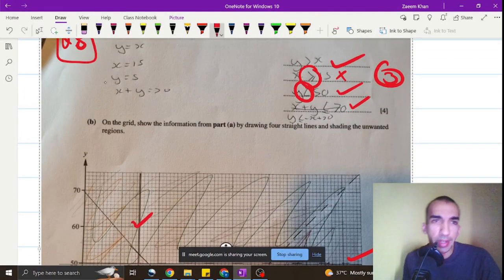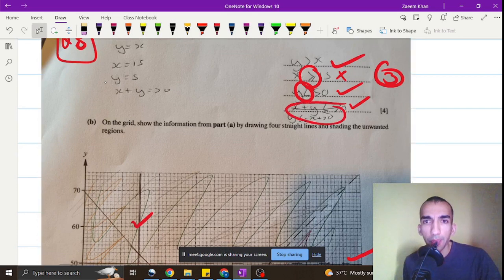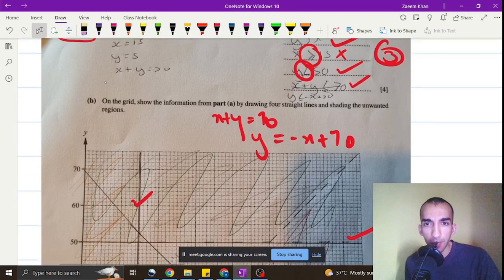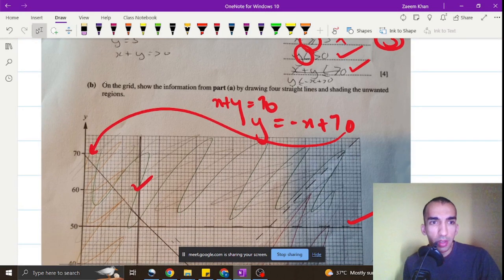What I don't understand is just this last part. X plus y is equal to 70. If I were to rearrange it just like you've done, it becomes y is equal to negative x plus 70. Yeah, it intersects at 70, that's well done.